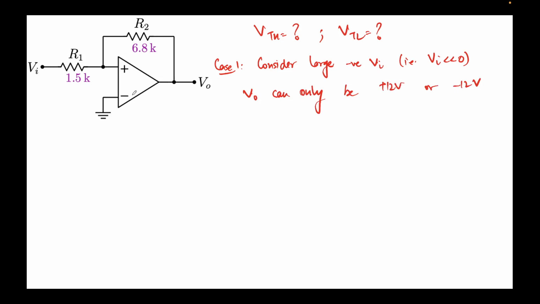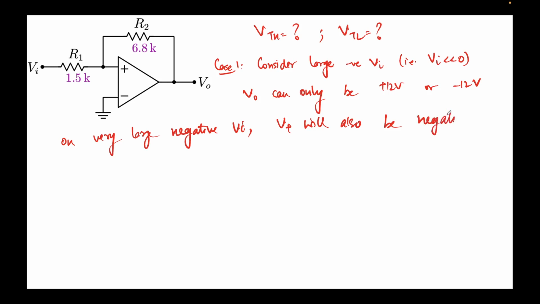So this implies that this is essentially a potential divider, right? If we apply very large negative Vi, V plus will also be negative, very negative.